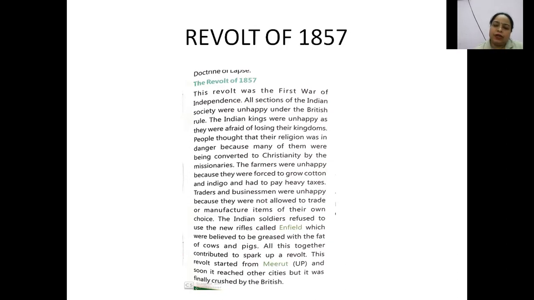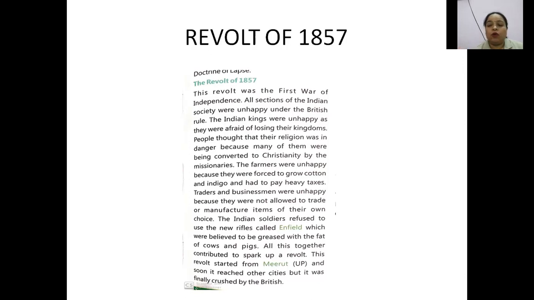Whether you are a poor person, a rich person, a working person, whatever section of society you belong to, you are not happy with the Britishers. But you are not fighting back. But what happened when the people fought in the revolt of 1857? So the revolt of 1857 can be called the first war of independence.